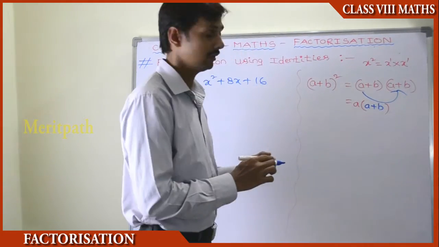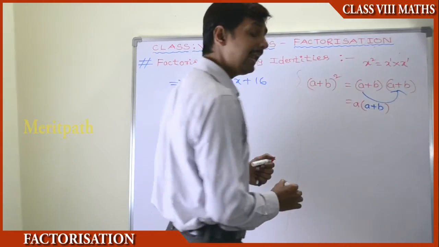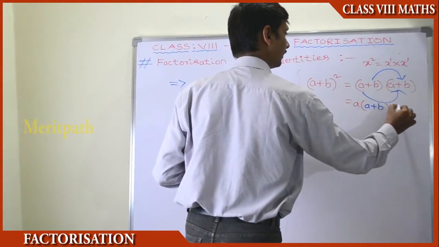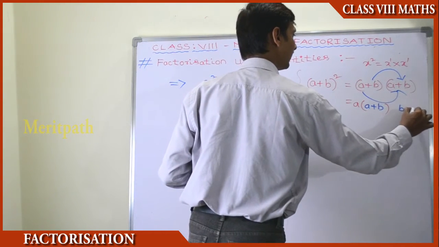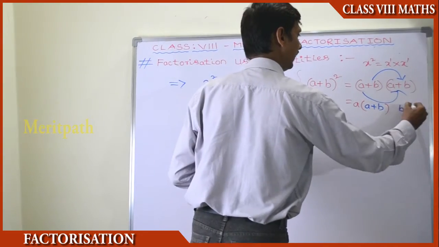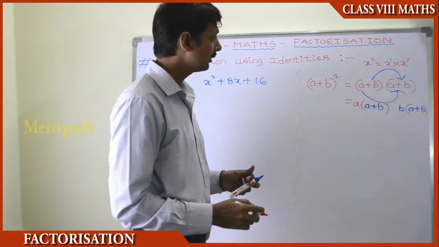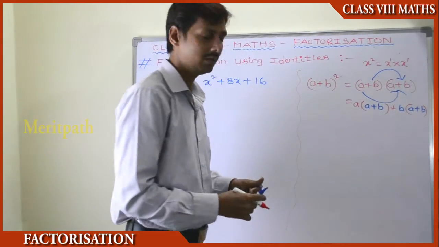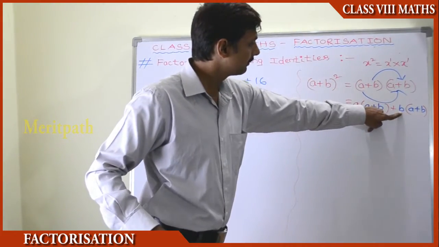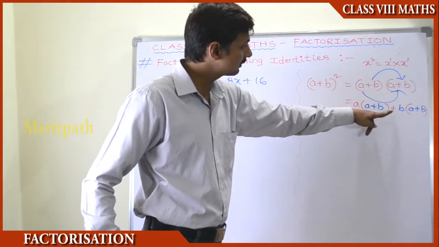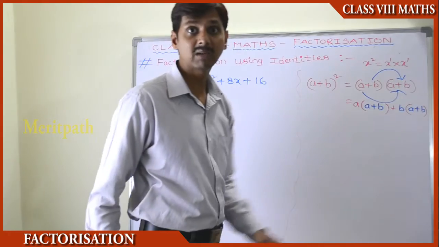Then the term b is multiplied with the whole term a plus b. Between a and b there is a plus symbol, so for a we multiply with a plus b, and plus for b also we multiply with a plus b.